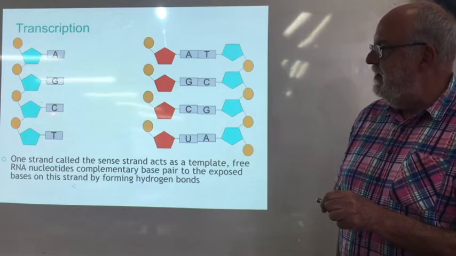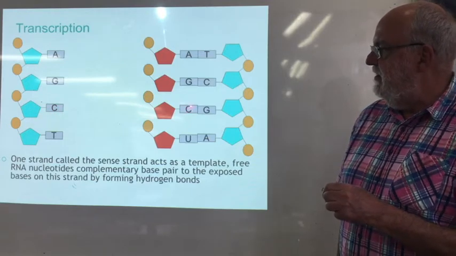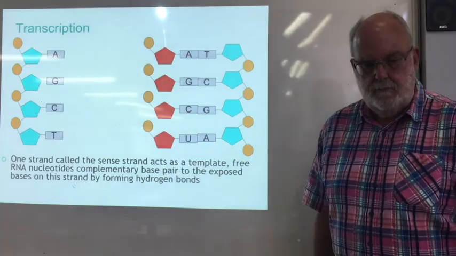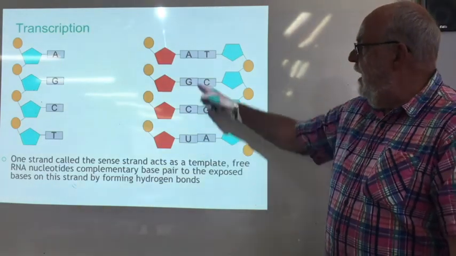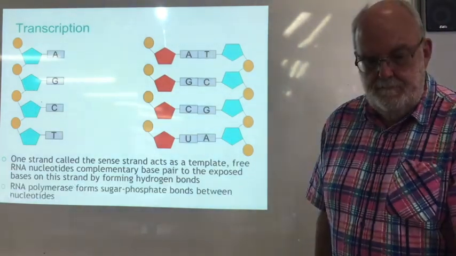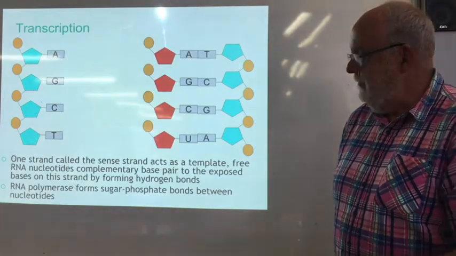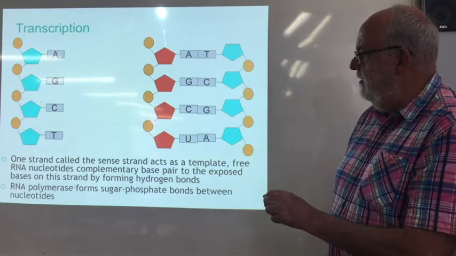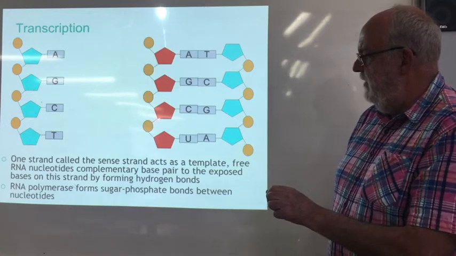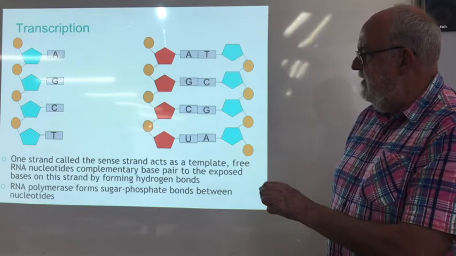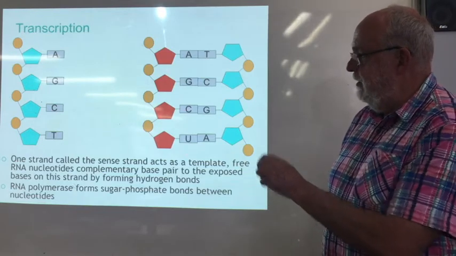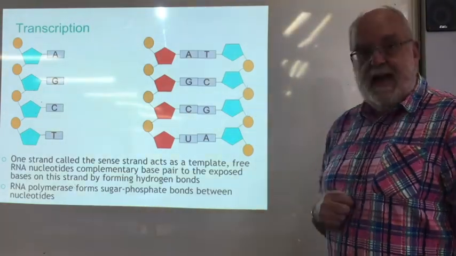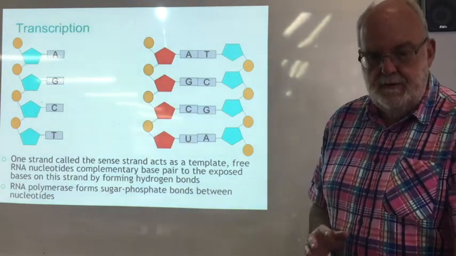There was a cytosine in the DNA there, cytosine in the RNA here, guanine, adenine, and so on. These form hydrogen bonds to join them together. And there's a sugar phosphate bond between this base, and so on. So it's basically forming a molecule of RNA attached at this moment in time to the molecule of DNA.